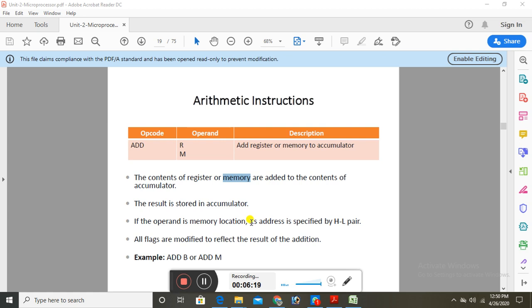If the operand is a memory location, its address is specified by the HL pair. All the flags are modified to reflect the results of the operation. That is ADD B or ADD M.